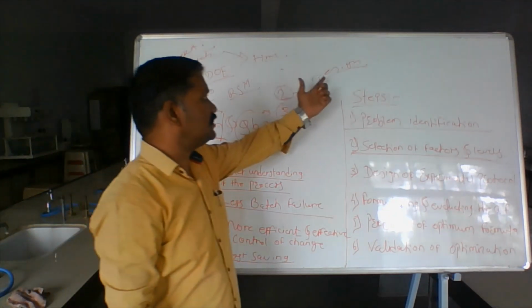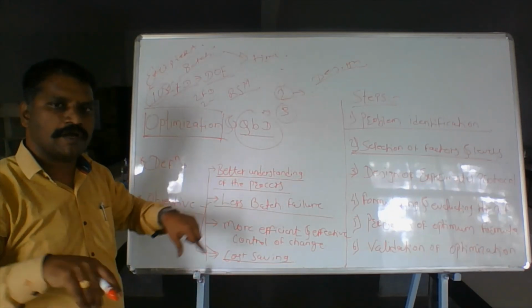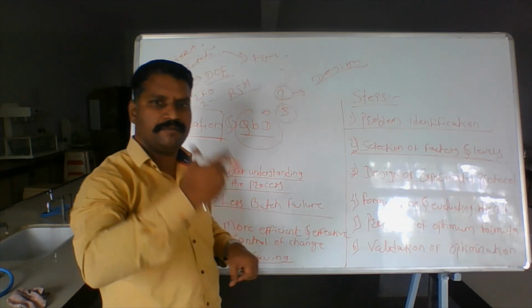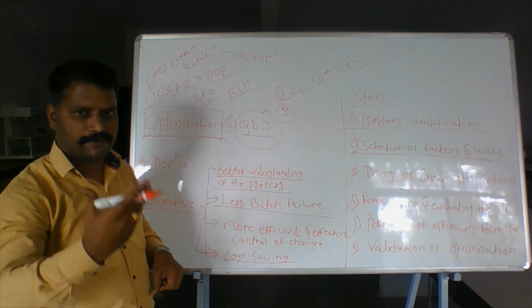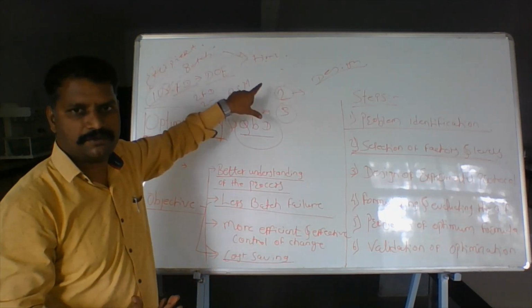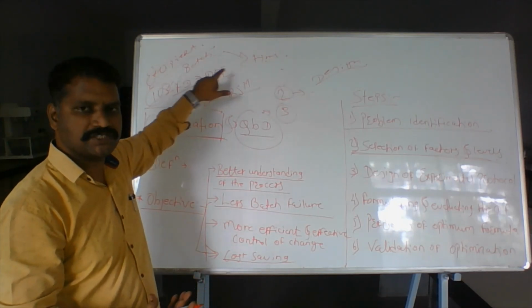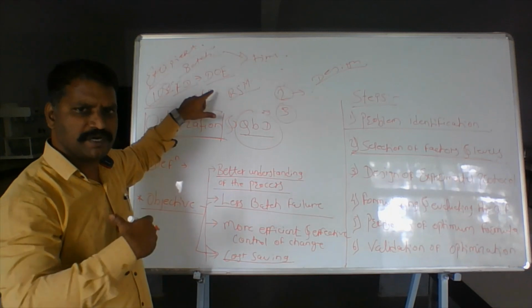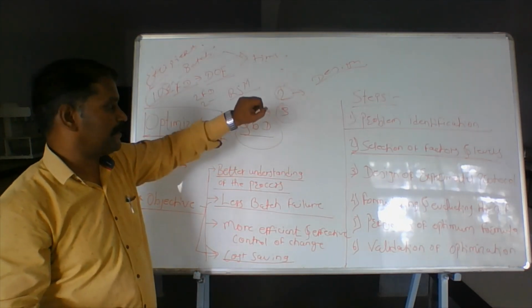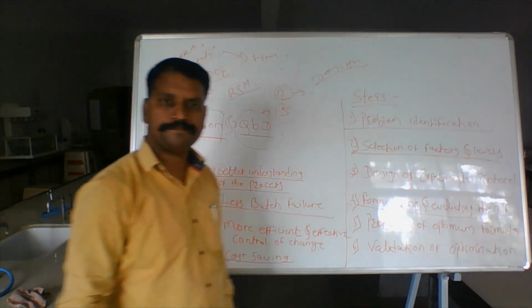By using this software, you will get an idea about the protocol or the actual design layout of your formulation, say 10 batches, as given by the software, as per whichever optimization technique you are going to use: factorial design, fractional factorial, Box-Behnken, central composite. As per the different techniques, the number of runs is given by this software. Then formulating and evaluating the dosage form.